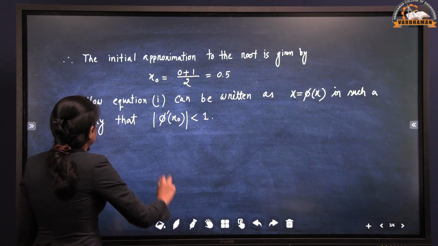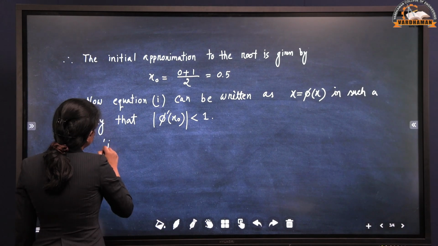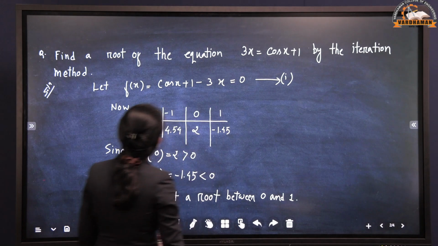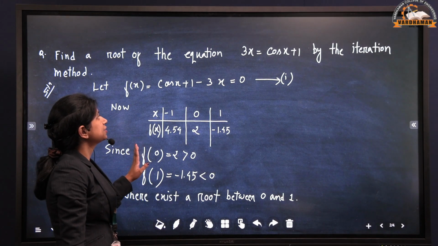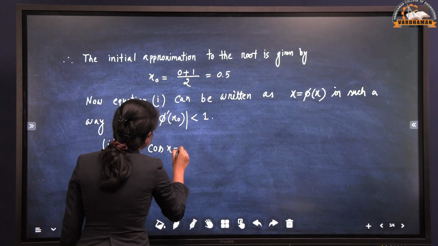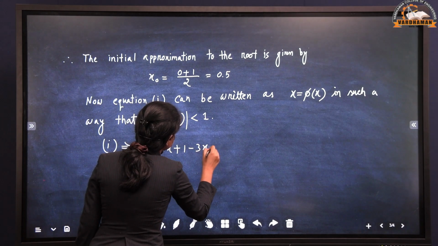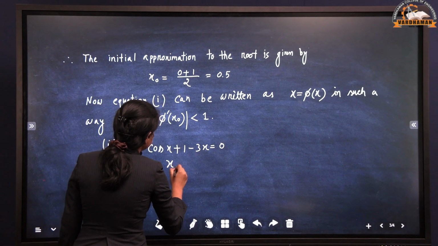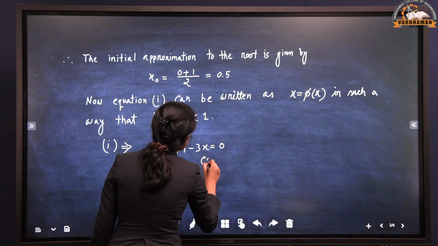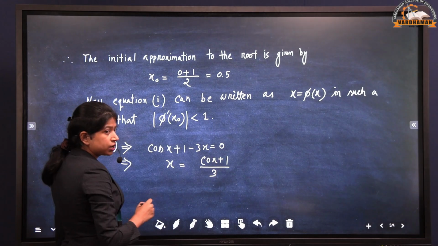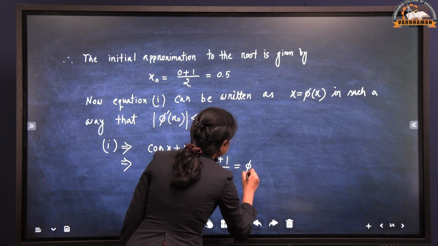What was equation 1? This is equation 1, cos x plus 1 minus 3x equal to 0. So what will you get from here? x equal to cos x plus 1 by 3. So here this will be phi of x.